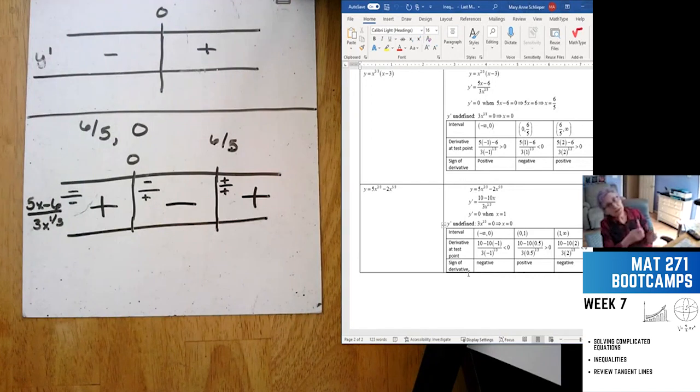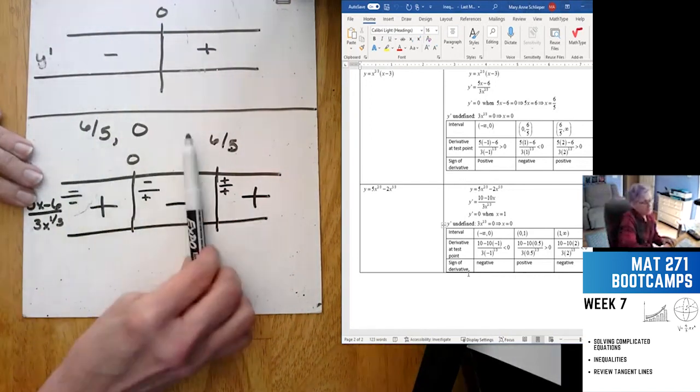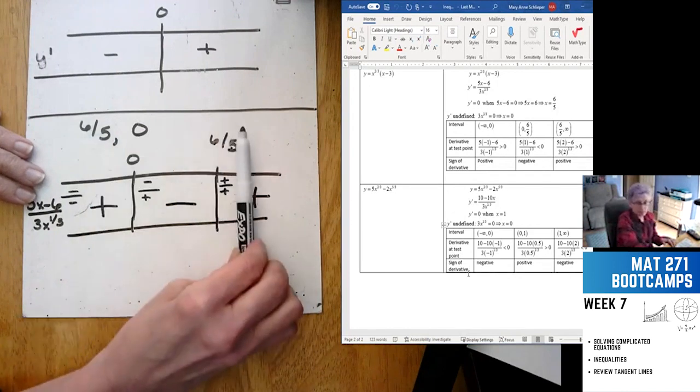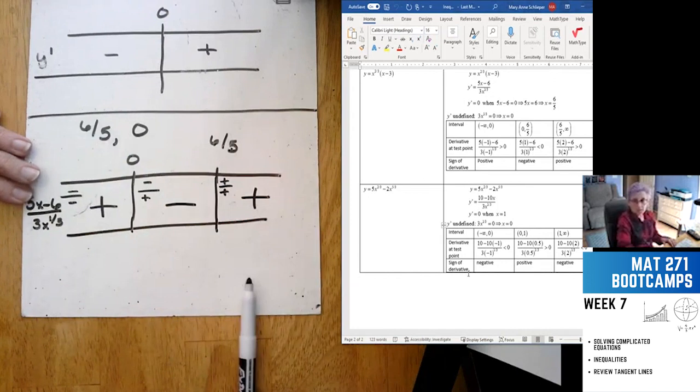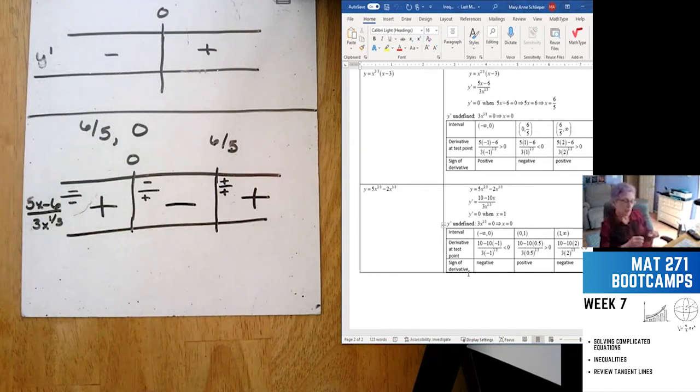And you'll also take that second derivative, plot the zeros and undefined points of that on the number line, come up with pluses and minuses, and you'll determine when it's increasing and concave up like a cup, when it's increasing and concave down like a frown. And you'll be able to know exactly what it looks like, where the maxes and mins are, and you'll be able to draw beautiful pictures.